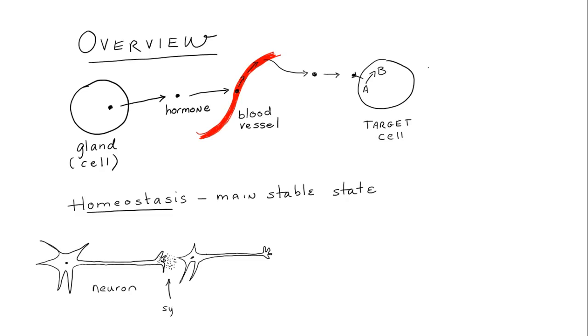So in this case, we're drawing another neuron, and the synapse is between the two cells. So this is the nervous system, but the endocrine system involves hormones moving through the entire bloodstream, going to a target cell, binding to a receptor on the target cell, and initiating a series of reactions within that target cell.